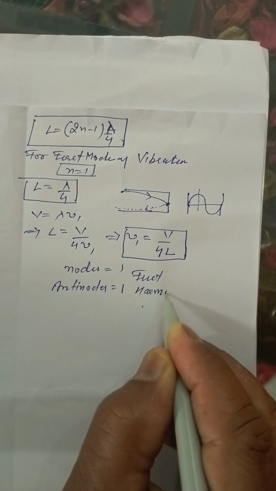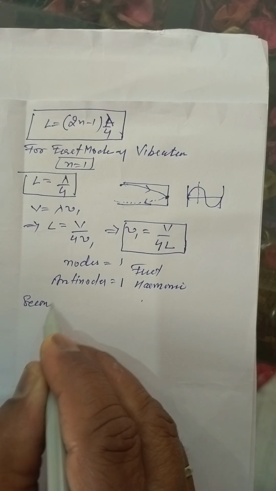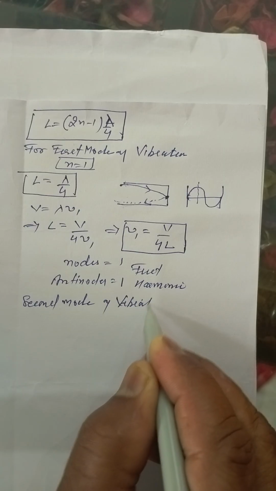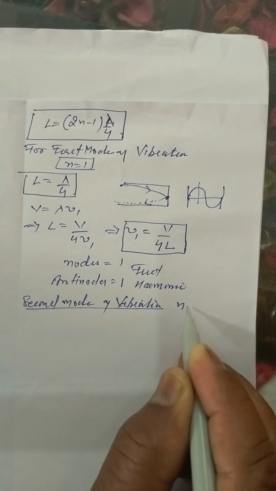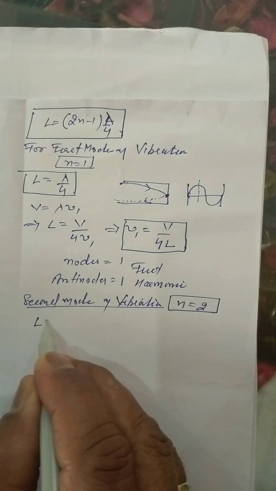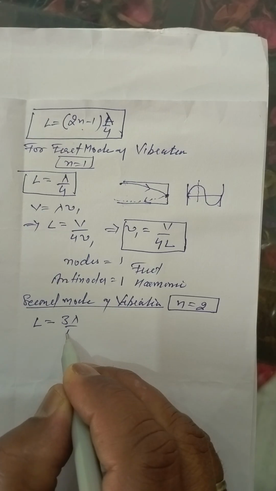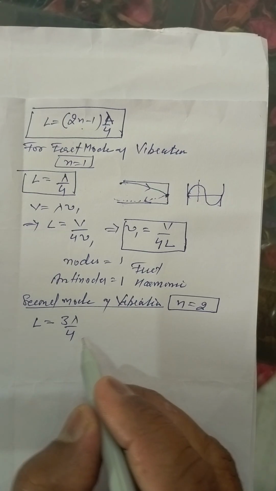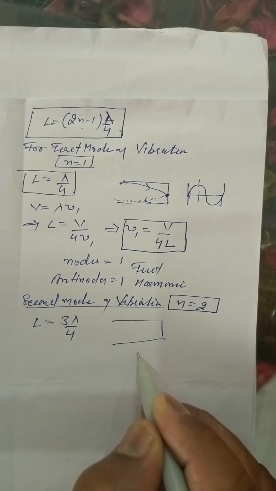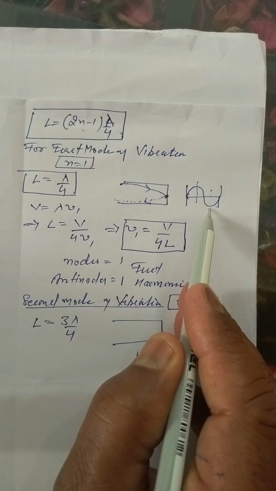Okay. And the same for the second harmonic, second mode of vibration. Here we will put n is equal to 2. So we will find here L is equal to 3 lambda upon 4. Now it is clear that this is the total length, and 3 by 4 means 75% of the wave.